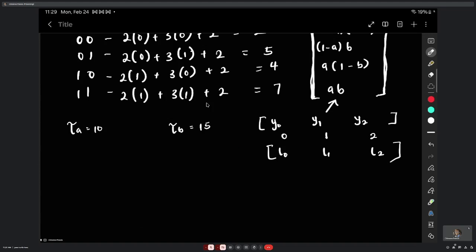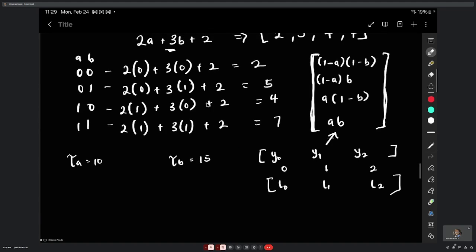The question is, when we multiply the coefficients against the evaluation form itself, what's the name of the thing that we get? It's basically the evaluation, right?